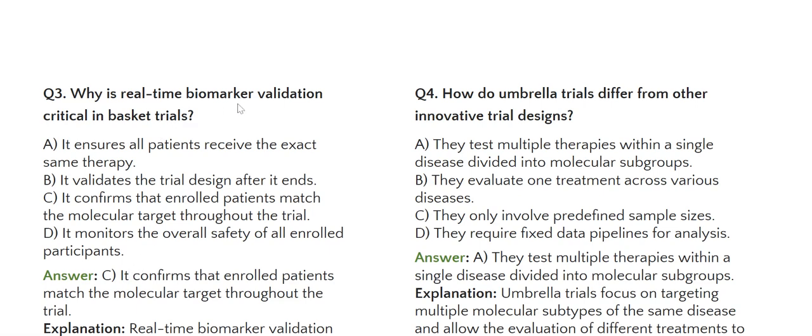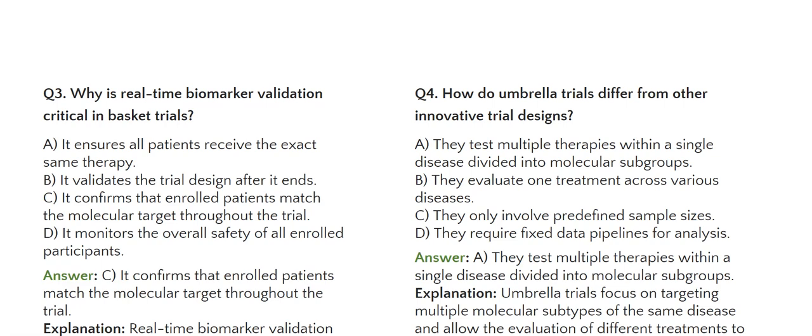So why is real-time biomarker validation important in basket trials? As we explained earlier, in a basket trial, one certain therapy or medication is given for a group of diseases that share the same genetic or biomarker property or characteristic.